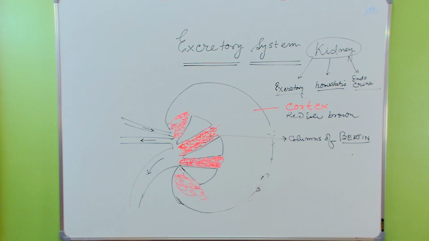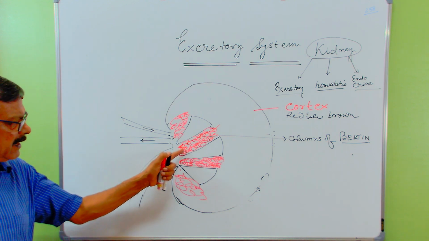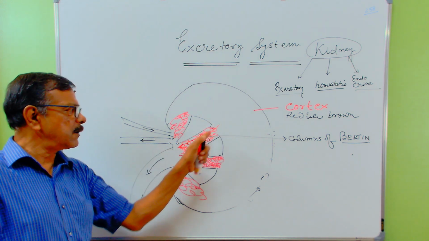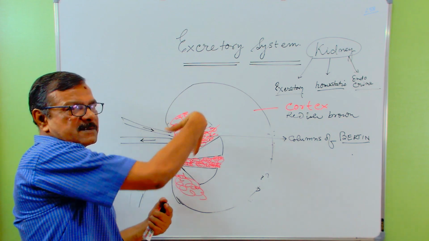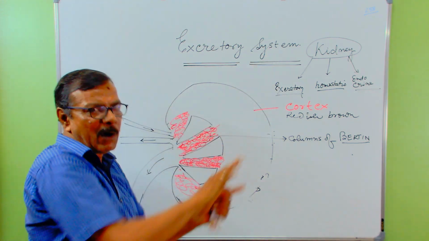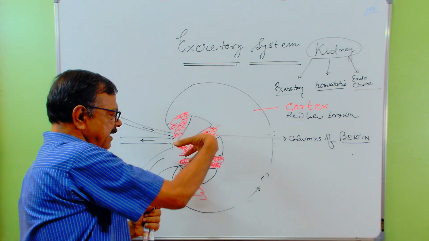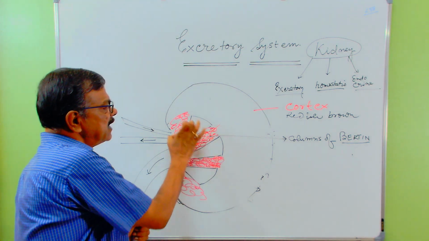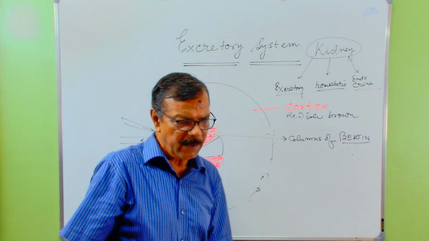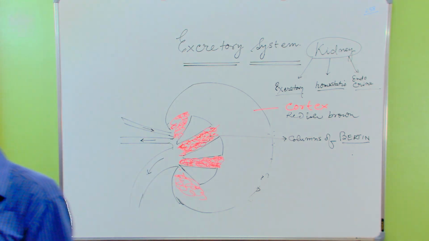The lateral boundaries of the pyramids are the extension of the cortex. They act like anchors or hooks, otherwise it will go out. So it anchors like this. These areas are known as columns of Bertin or renal columns.